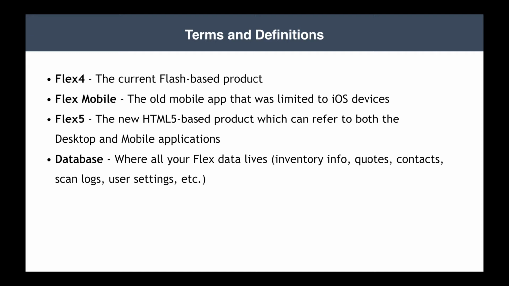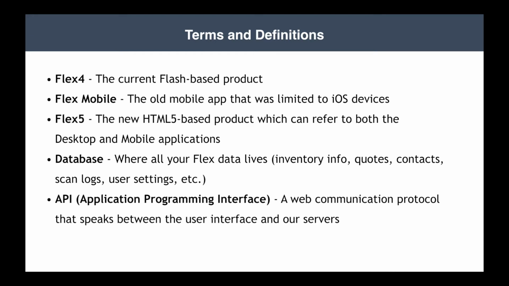We're going to talk about that a little bit and how that relates to the transition between Flex4 and Flex5. And then APIs, Application Programming Interface. That's a web communication protocol that speaks between the user interface and our servers. So we're going to talk about that and how we rewrote a lot of the API that will communicate with the front end and back end server in Flex5.